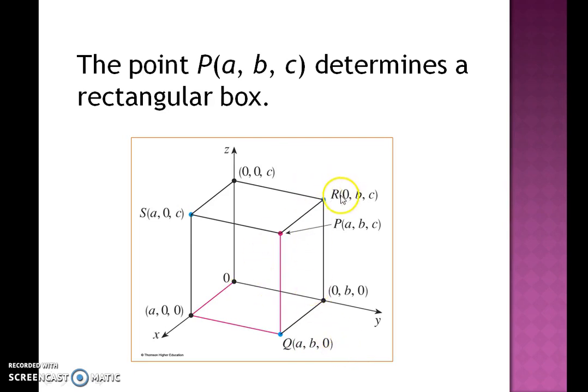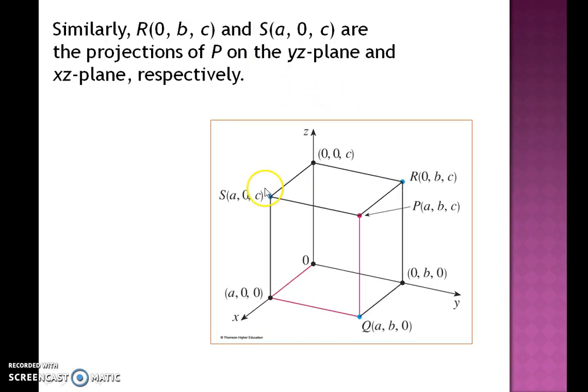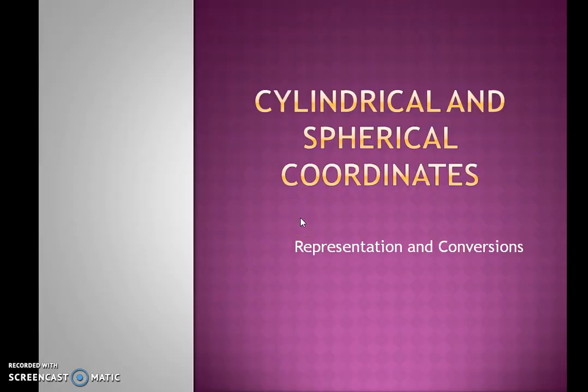Similarly, the coordinates of R are 0, B, C and the coordinates of S are A, 0, C. This is the process to locate all these points.